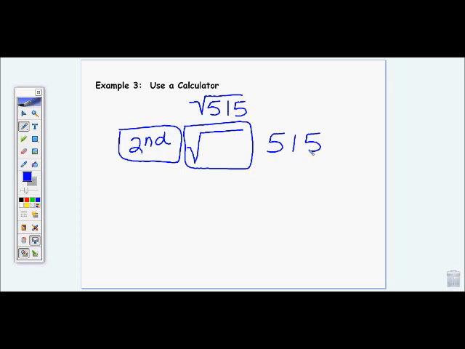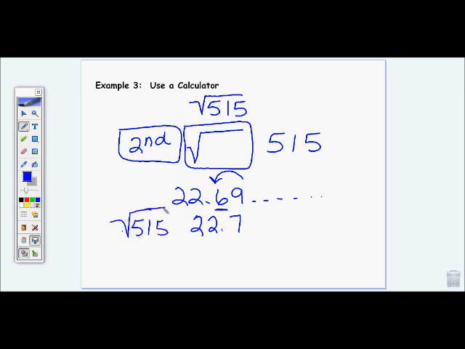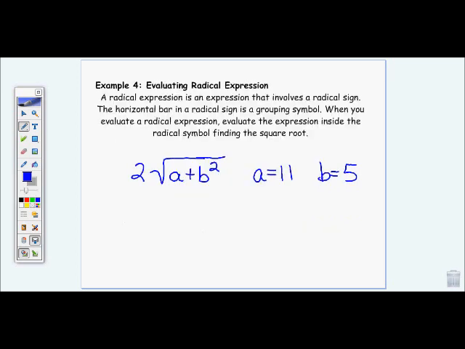When you do that, the display is going to come up with 22.69, and it's going to keep going. So I told you could round to your nearest tenth. So you really only need to look at it this far. 9 is greater than 5, the halfway point. So my answer there would be it's about 22.7. Okay, so the square root of 515 is about 22.7. That's using the calculator, and you will be able to use that.